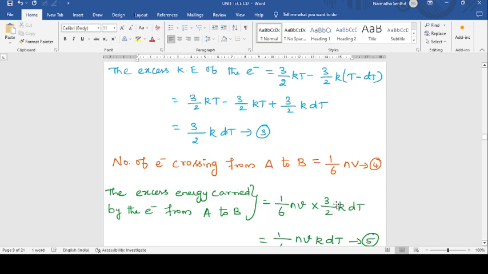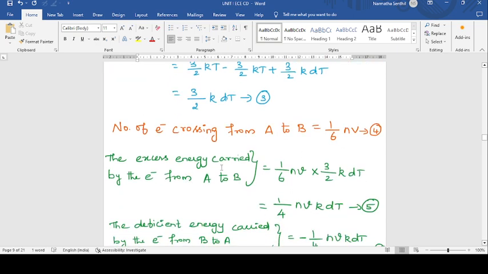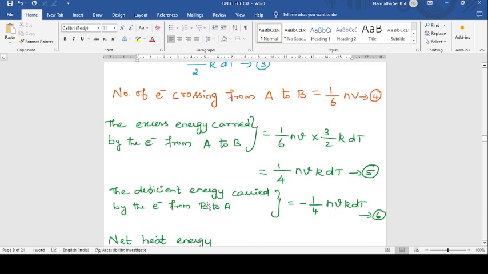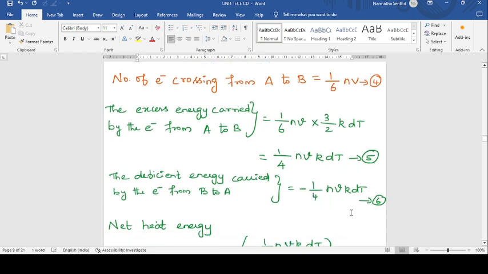When you multiply these two terms, you get the excess energy: 1 by 4 n v k dT. Similarly, the energy deficient in the region B to A is the same in magnitude, but since it is a deficiency, we put a negative sign: minus 1 by 4 n v k dT.